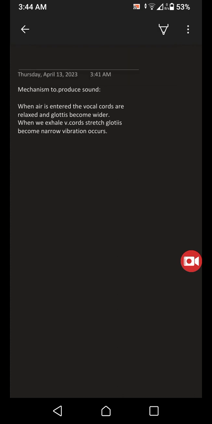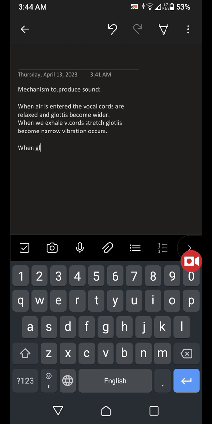Okay, how does it take place? Basically, when vocal cords get stretched, they come closer, then the glottis gets narrow and vibration occurs.